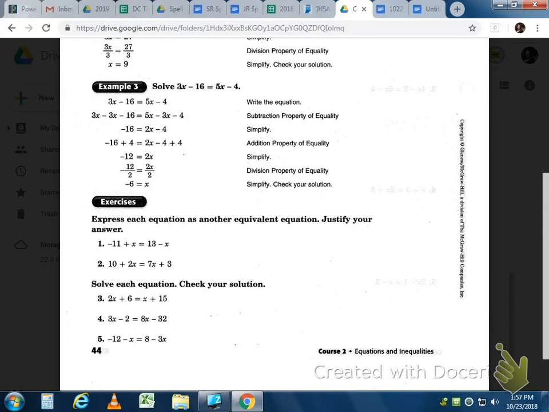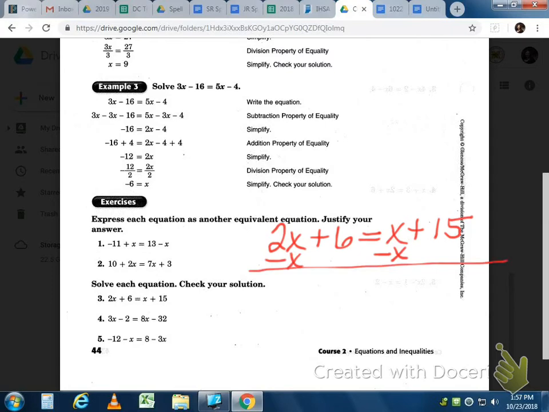So here's number 3. 2x plus 6 equals x plus 15. Who's doing it? Dylan? 2x or x? Which one's the smallest? X. So how do I move it to the other side? We have to minus x. Minus x there, minus x there.